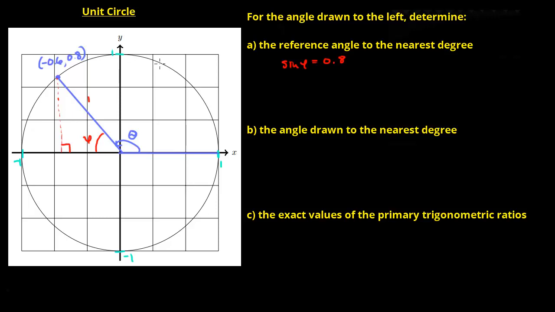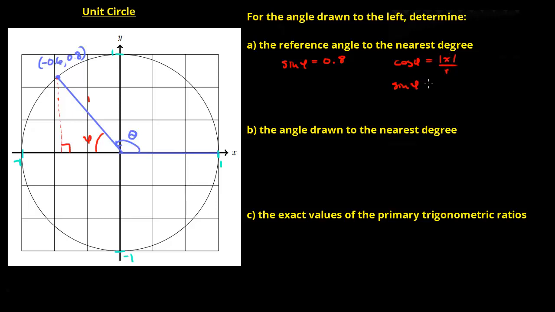And if we wanted to write it out for the reference angle, we use phi. The cosine of phi is the absolute value of x over r.